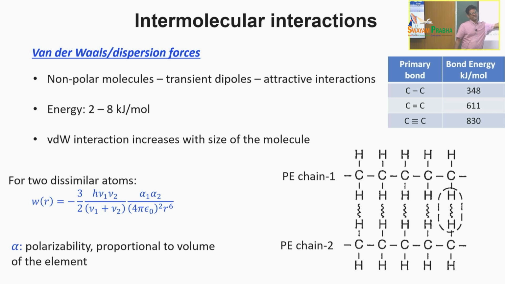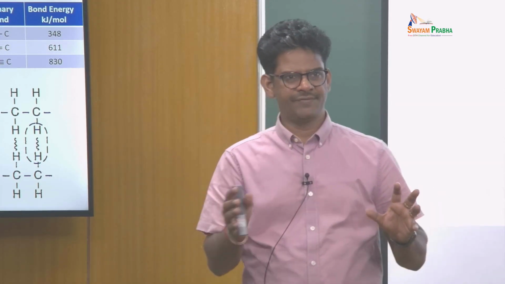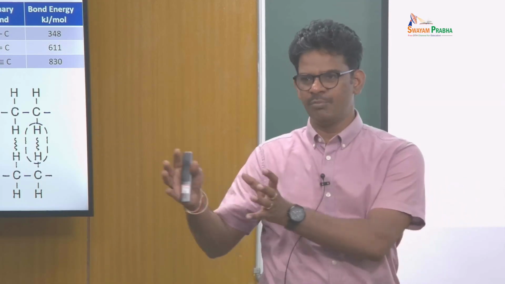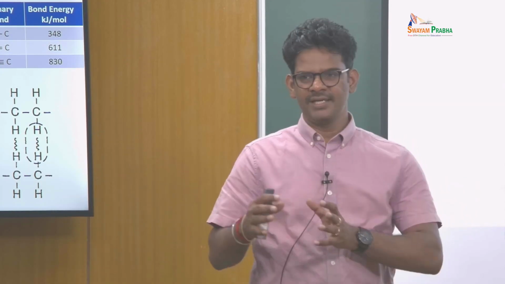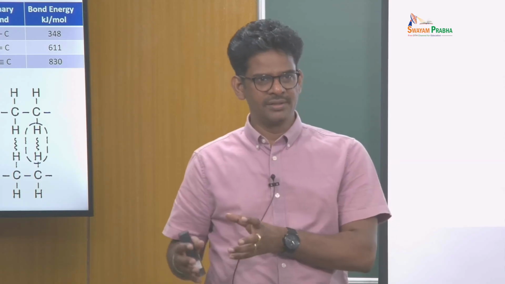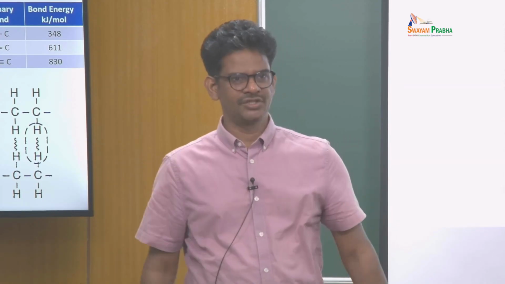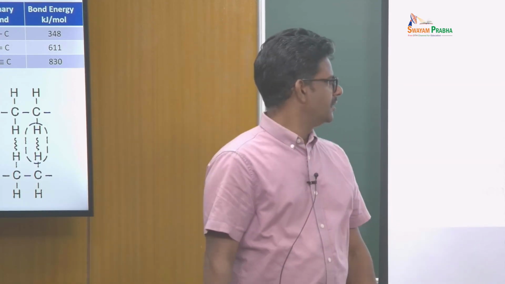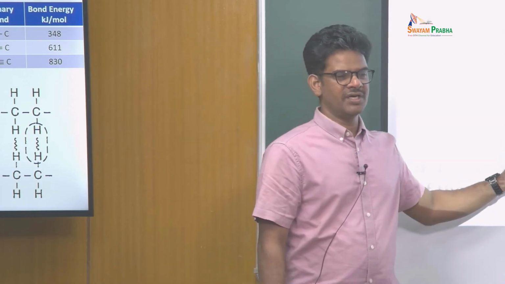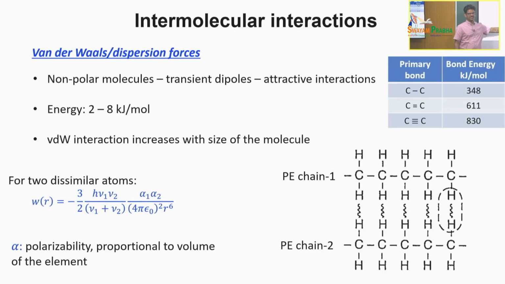If the polarizability is very high, then the van der Waals interaction also will be high. So between a pair of small molecules and a pair of big molecules, the van der Waals interaction is going to be stronger for the pair of larger molecules. You can actually calculate from quantum mechanical theory, using this kind of expression, the magnitude for any pair 1 and 2, meaning two different atoms.